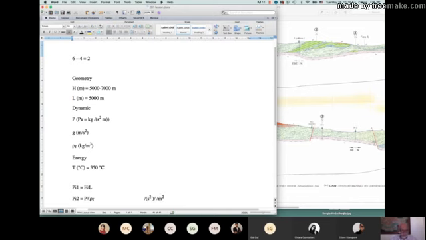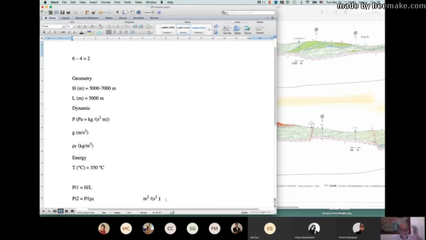And so this meter squared divided by second squared. This is what I'm having now.